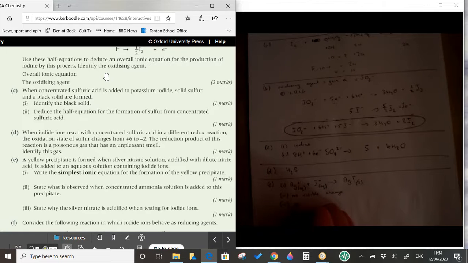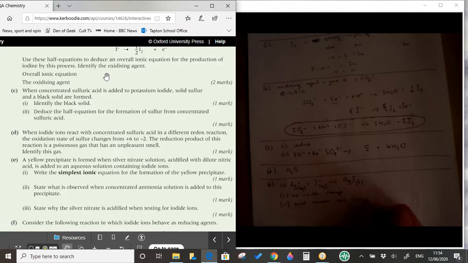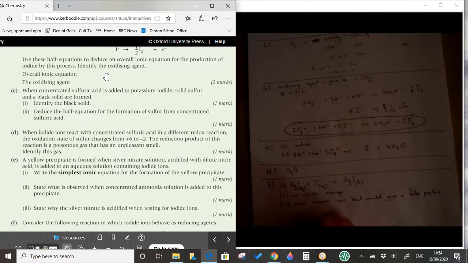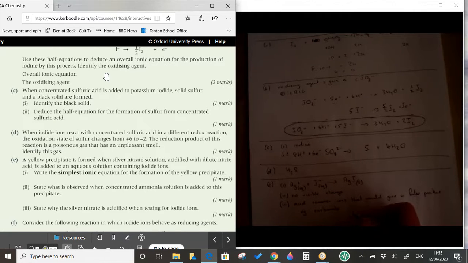So the acid removes ions that would give a false positive. So the best example is carbonate ions, in which case you get silver carbonate, which is a white precipitate. So it gives you a false positive. You would think they've got chloride ions there.